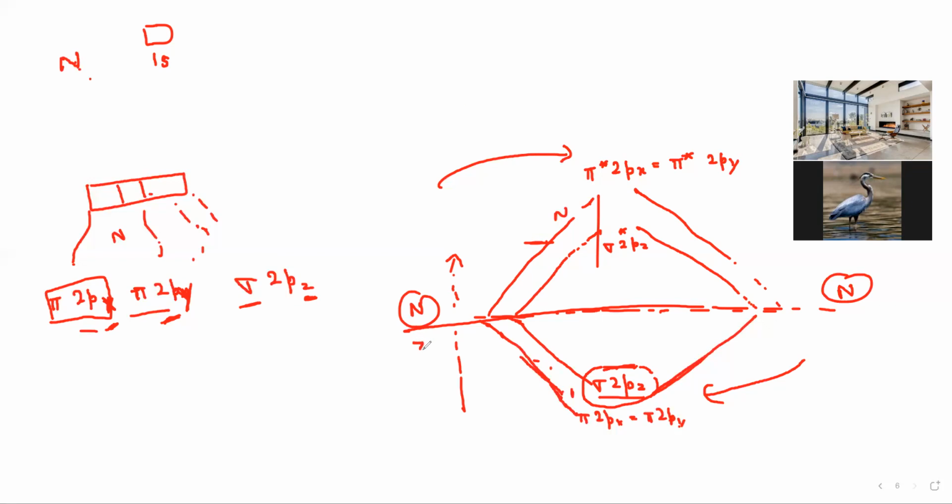Suppose three electrons are here and three electrons are here. These three electrons will go which side, above or down? Down. And out of down, is it at the bottom or a little bit above? Bottom, right? So firstly, you will fill the pi 2px, pi 2py.